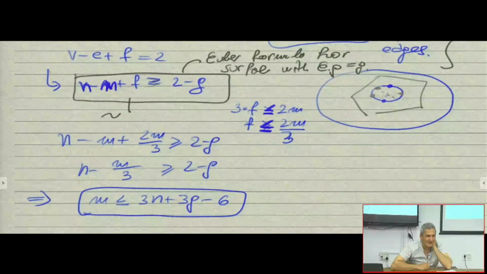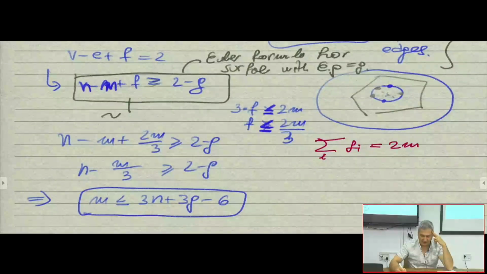Okay, every face has at least 3 edges. That means, if I sum all faces, I get twice M. Then if I put here 3 for every face, sometimes it will be 2M.